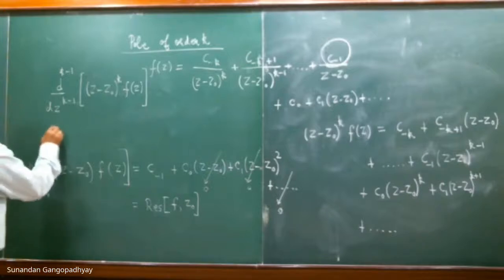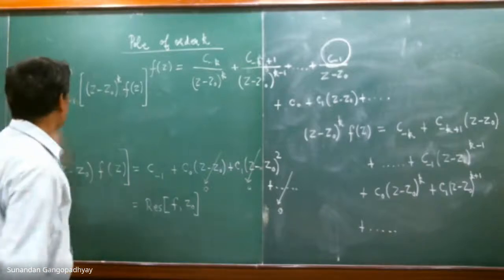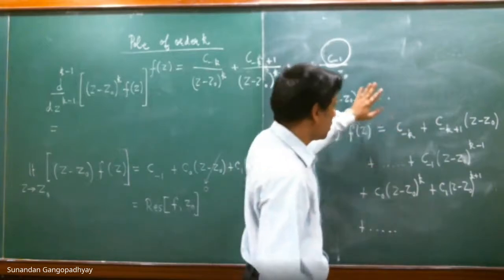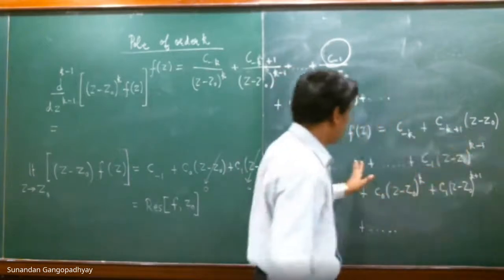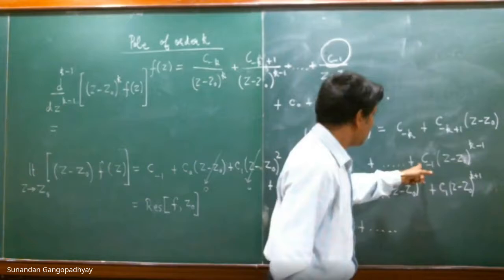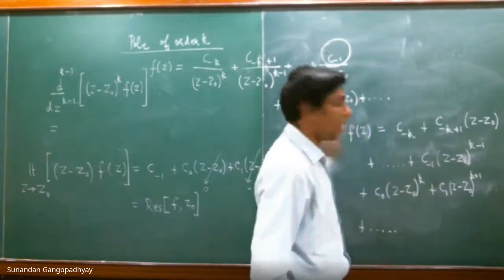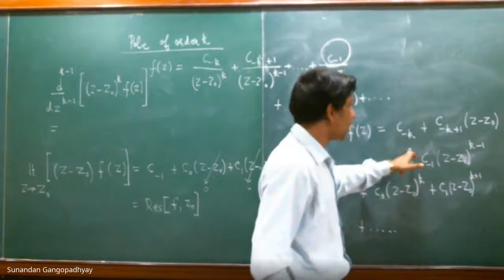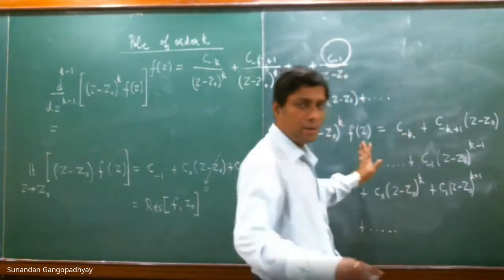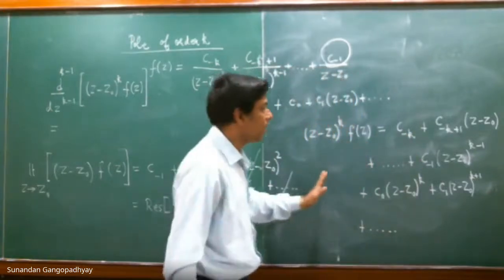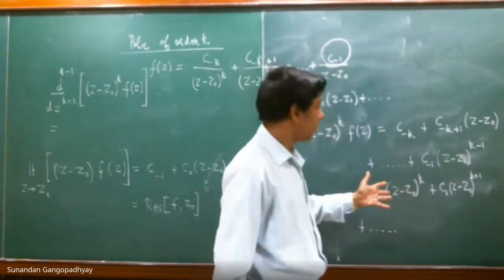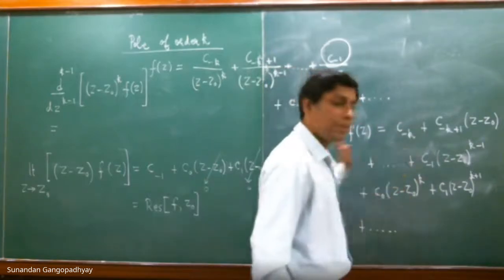If you differentiate both sides k minus 1 times, then all the terms on the left of c minus 1 vanish, because their powers are k minus 2 and less, and you are differentiating k minus 1 times.